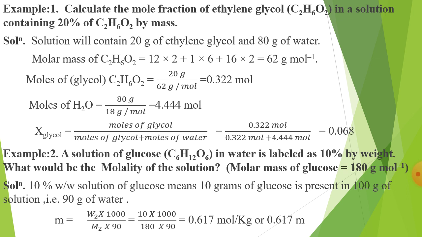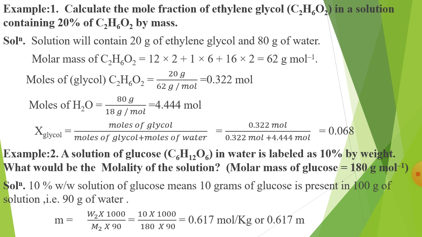Here 20% by mass means 20 gram of glycol plus 80 gram of water. Now the solution will contain 20 gram of ethylene glycol and 80 gram of water. This you can know from 20% of C2H6O2 by mass.